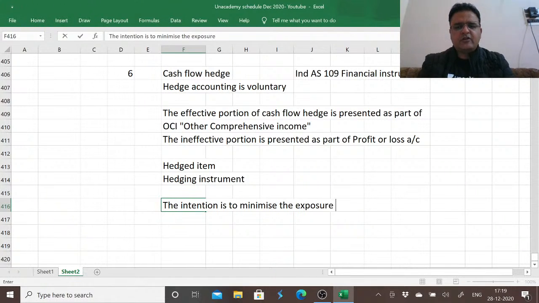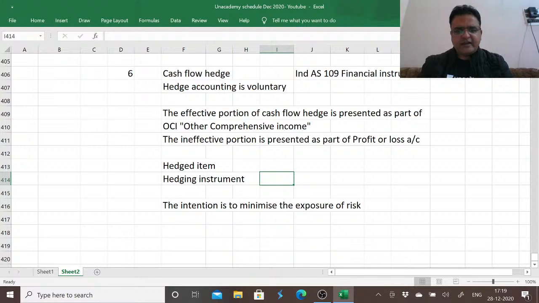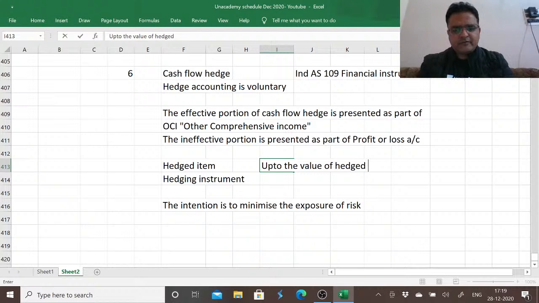So if the intention is to minimize the exposure of risk, then for any change in the value of hedged item and value of hedging instrument, up to the value of hedged item, the change in fair value of the instrument is effective.